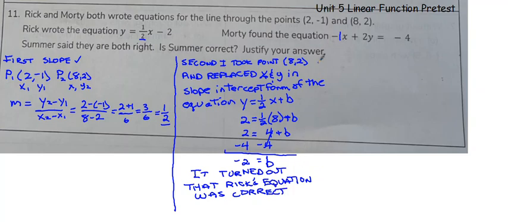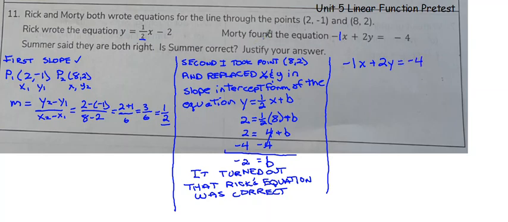Okay, so now let's turn our attention to Morty. So here's Morty's. So he's in standard form, kind of. Negative 1x plus 2y equals negative 4.